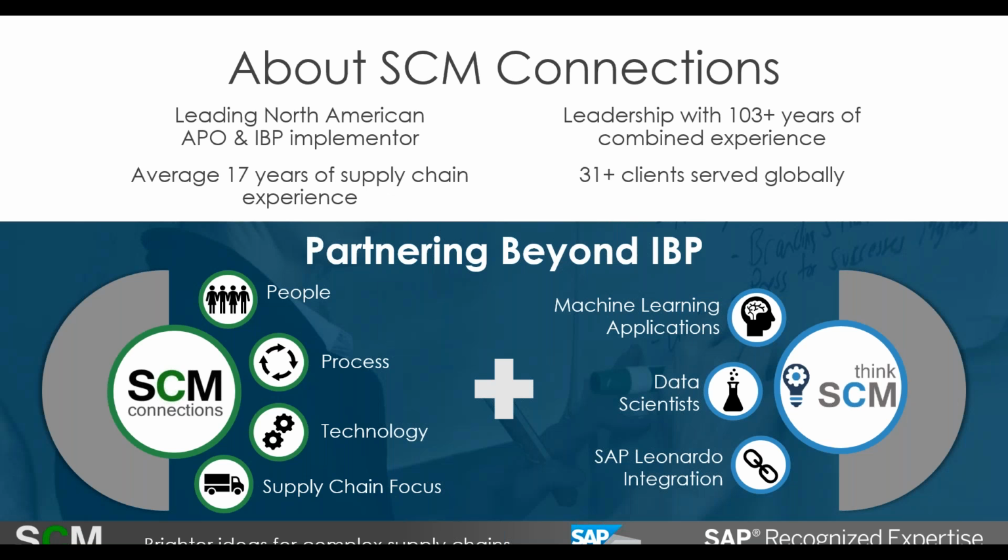So just quickly about us, like I mentioned before, we are a leading North American systems integrator for IBP, specializing in supply and inventory optimization as well as demand planning. And we're going to be highlighting the supply chain optimization today. It's one of our favorite topics because, like I said, it adds a lot of value.